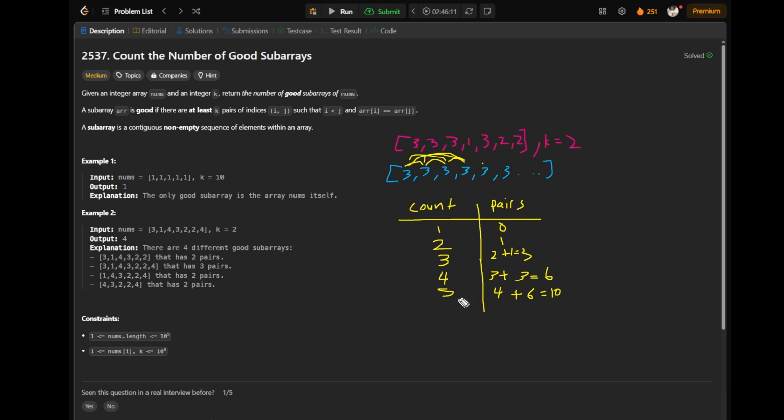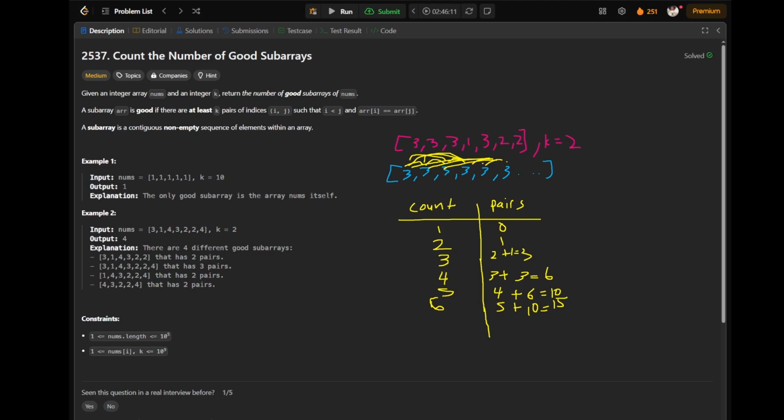If we have six 3's, then this new one comes in, so we have what we have previously, plus 1, 2, 3, 4, 5. So we have 15 pairs in total.